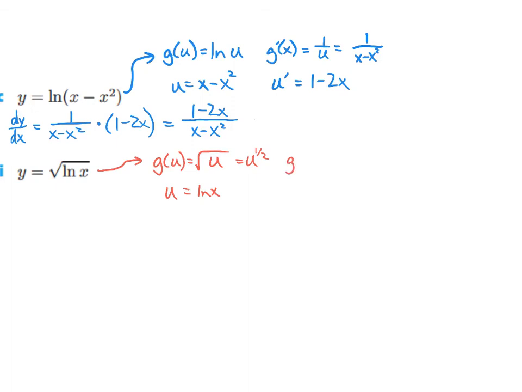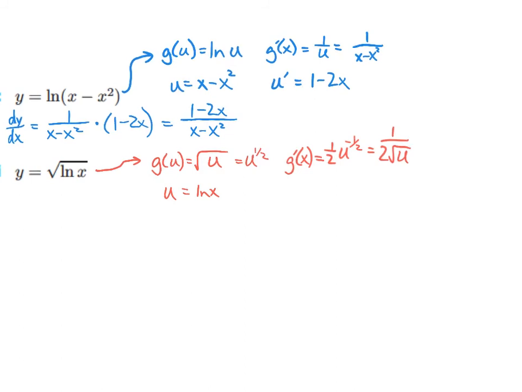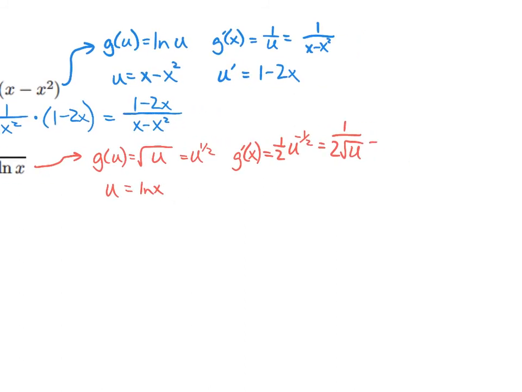So what's g prime of u, guys? 1/2 u to the negative 1/2. So that is 1 over 2 radical u, right? u to the negative 1/2 is radical u in the denominator.